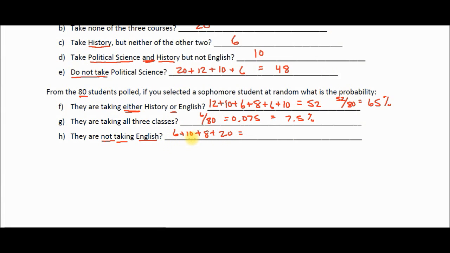Let's add that together. We got 16, 24, 34, 44. And that means our probability of selecting that student at random is 44 over 80. And that's going to be 0.55 or 55%.